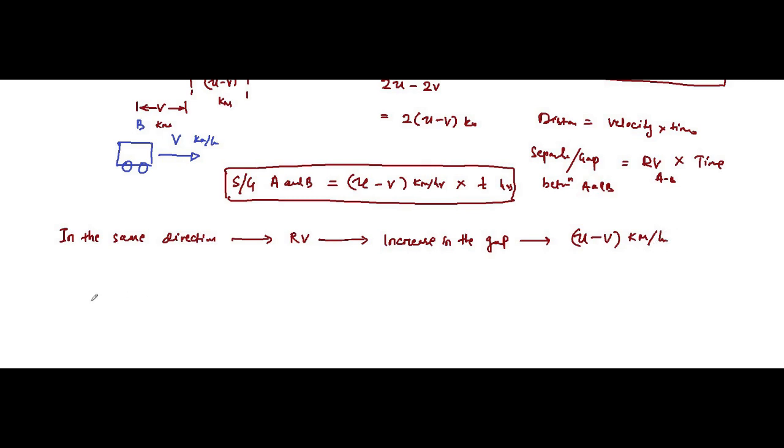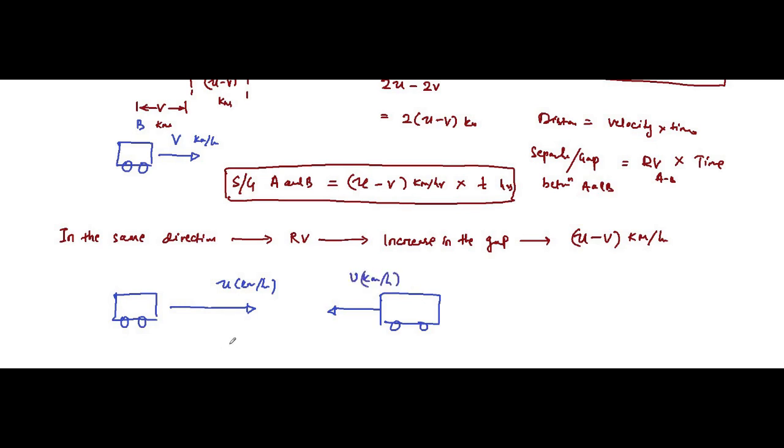Another interesting case: suppose we take two objects or two vehicles which are moving in opposite directions. Here one is moving at a rate of u kilometers per hour, and another vehicle or car is moving at a rate of v kilometers per hour.